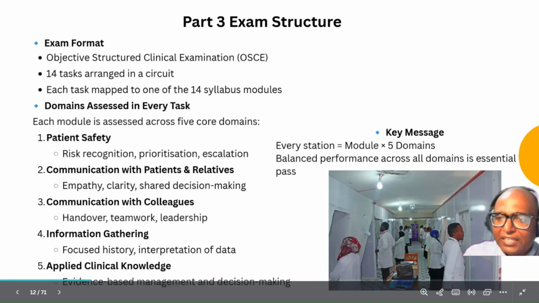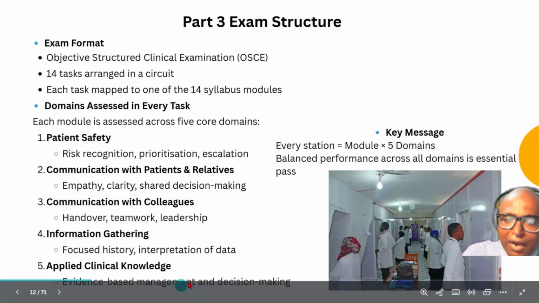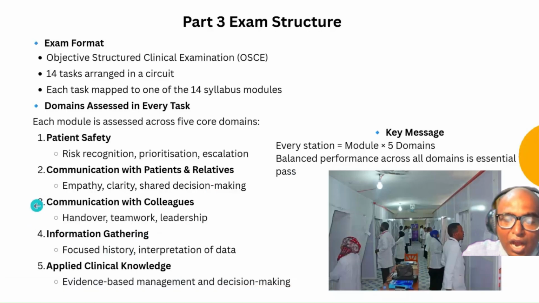Okay, so every station corresponds to one particular module, and out of the 5 domains, 3 to 4 are assessed in each station. Balanced performance across all domains is essential. When you want to pass, you should have not only the applied clinical knowledge, but you should know how to take the history, how to interpret the results, and how to communicate those reports to the patients and the relatives.